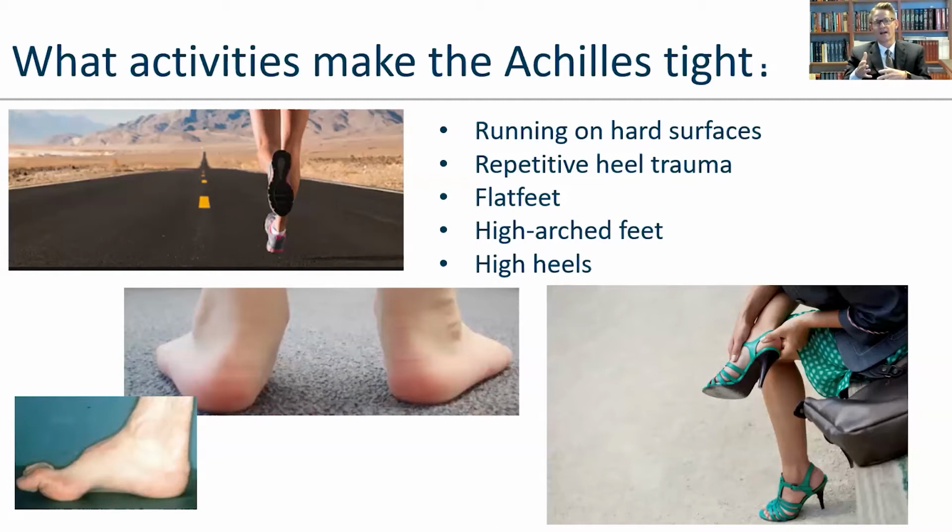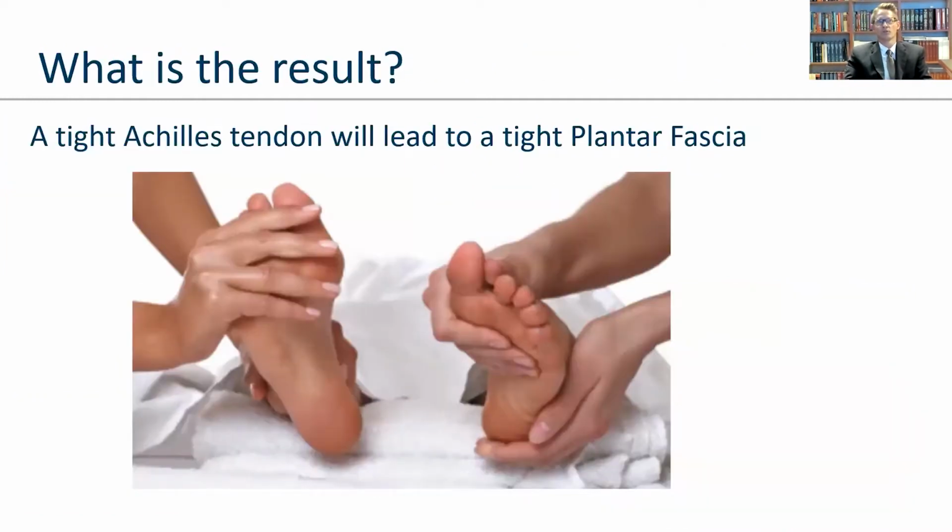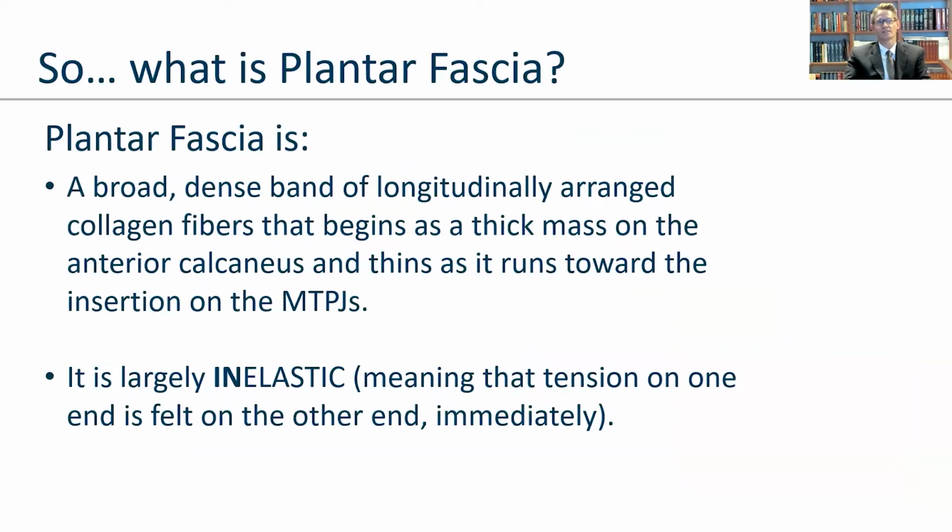If you have a flat foot, which is that central picture right there, or a high arched foot, which is the picture on the bottom, or if you consistently wear higher heels. Those will all lead to a tight Achilles tendon, which will then in turn lead to either posterior heel pain or plantar heel pain. The result of this tight Achilles tendon is that tight plantar fascia.